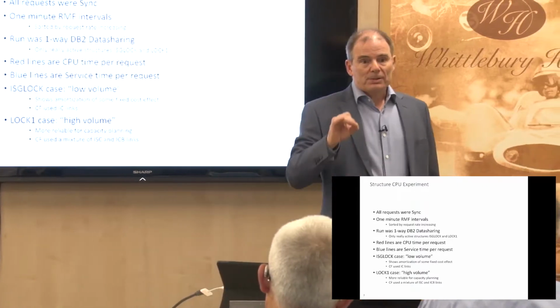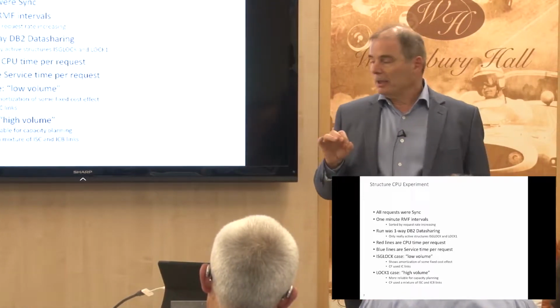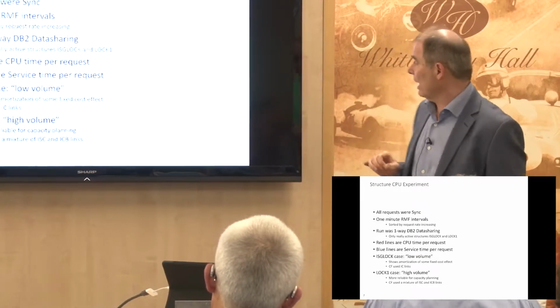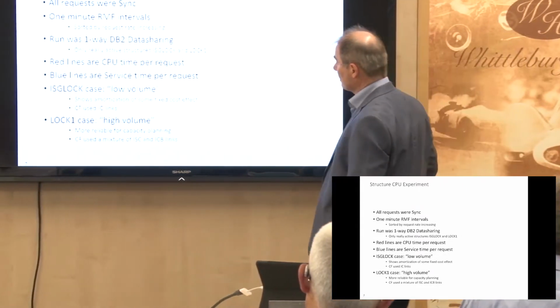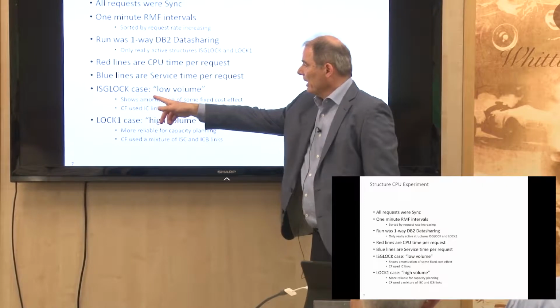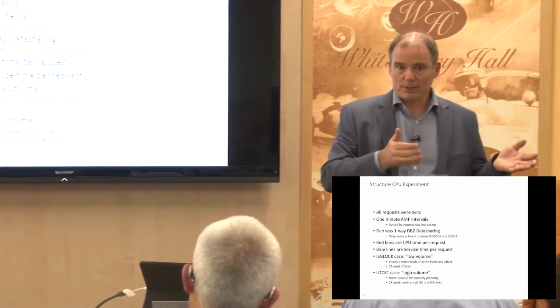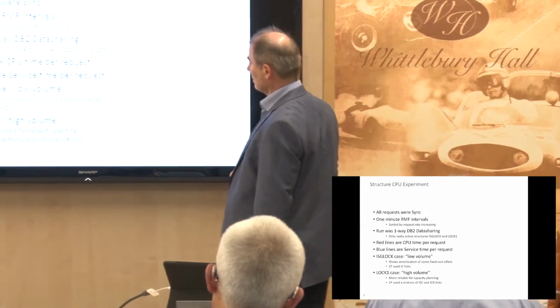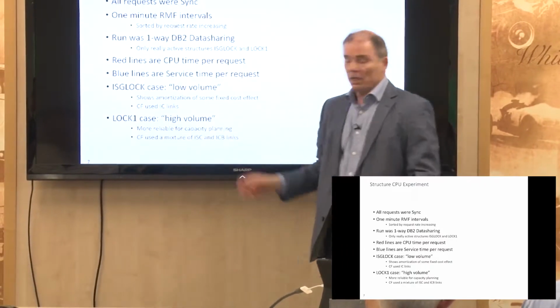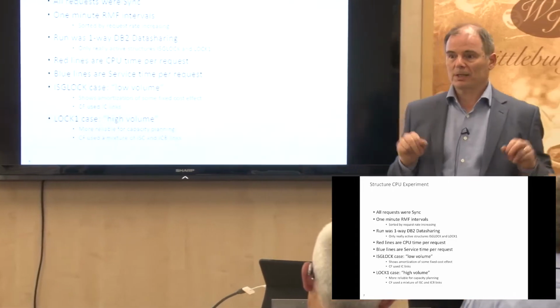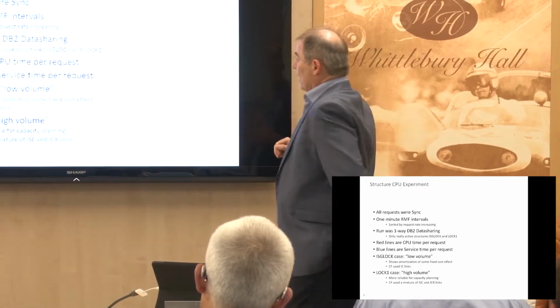The blue lines are service time, or maybe, if you like, response time per request, of an average request. So the ISG lock case is low volume, meaning not high request rates. Compare and contrast the lock 1 case, which is higher volume. I wouldn't say high volume nowadays.